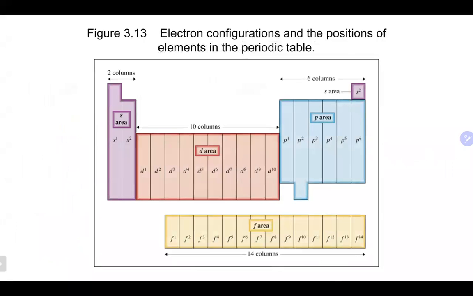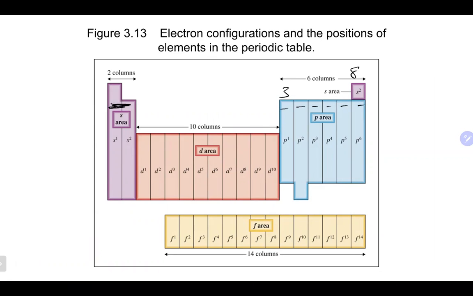Now, when we look at the periodic table, there's actually blocks on the periodic table for electron configuration. Group 1 and 2, that is 2 boxes, right, is our S block. First box is S1, second box is S2. From group 3 to 8, that is 6 boxes if you count here.